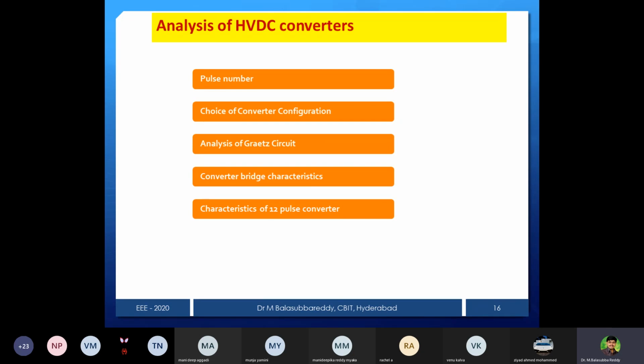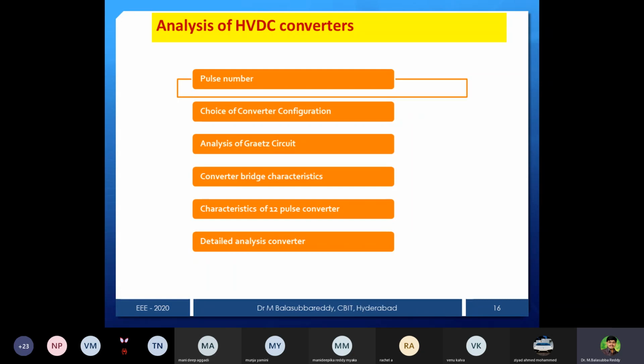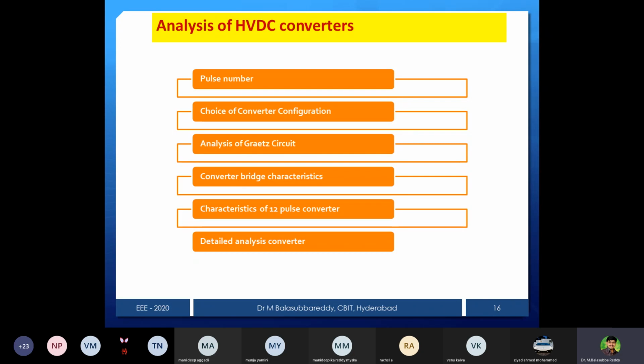Once you complete the 6-pulse converter analysis, we simply make use of two 6-pulse bridges, with transformers connected in star-delta and star-star fashion, and analyze the characteristics of the 12-pulse converter and the detailed analysis of the converter. These are the things we need to discuss for the analysis of the HVDC converter, and we'll move on to the pulse number.